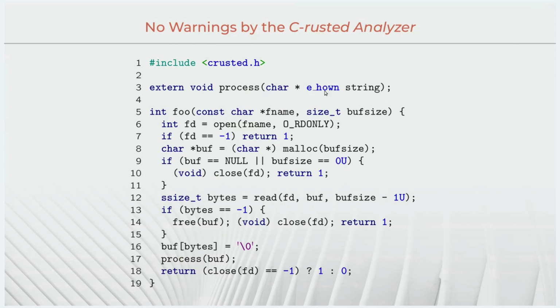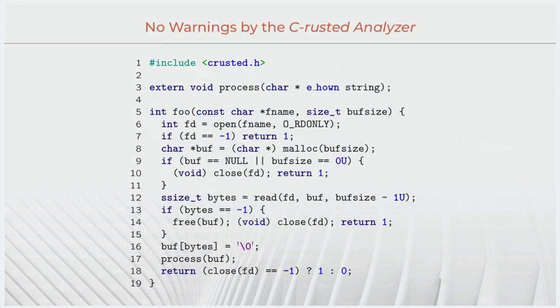This is the meaning of the own annotation: process will take ownership, which means that it will either pass ownership to someone else who will eventually take care of deallocating the buffer, or it will deallocate the buffer by itself. So in any case, we don't have a memory leak on buff. And similarly, we don't have a file descriptor leak on fd because we always call the close function if we reach the end of the function.